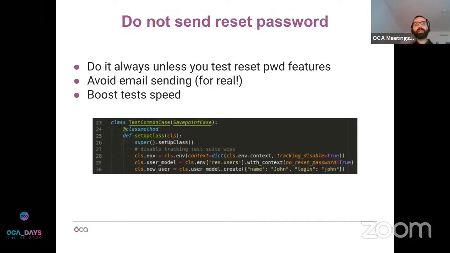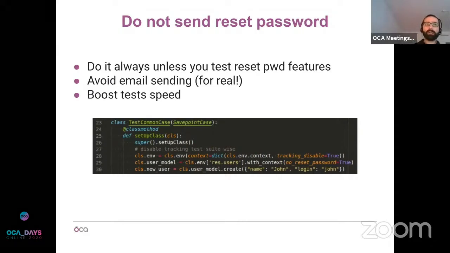Another point is always remember to not send the reset password. When you create a user, Odoo is going to automatically generate the mail for the password reset unless you put this key in the context, no reset password.